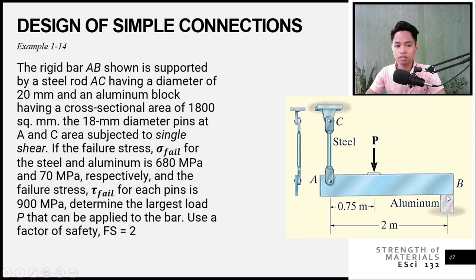So this is a normal support. The 18 mm diameter pins at A and C are subjected to single shear. So based on the figure, it is single shear. If the failure stress for the steel and aluminum is 680 and 70 MPa respectively, and the failure stress for each pin is 900 MPa, determine the largest load P that can be applied to the bar.